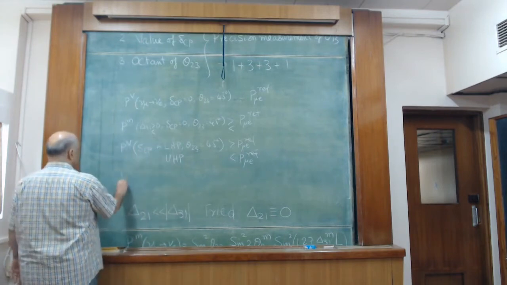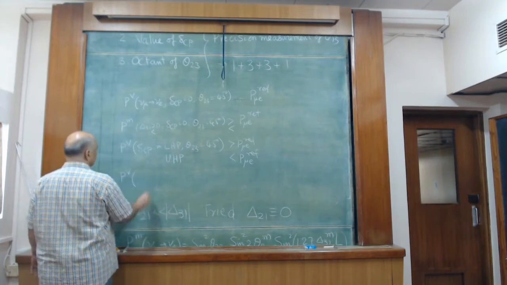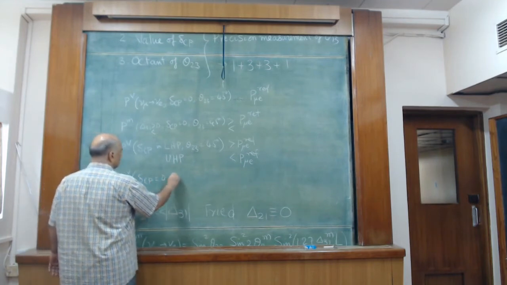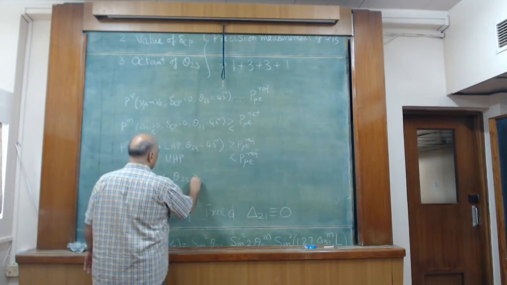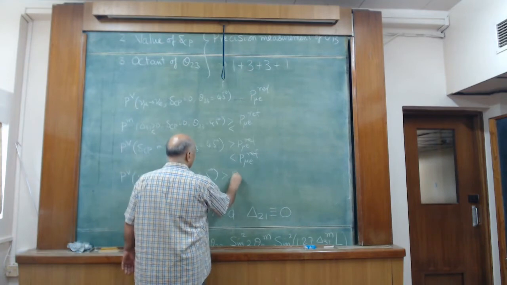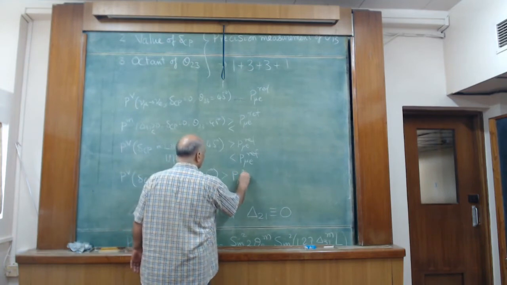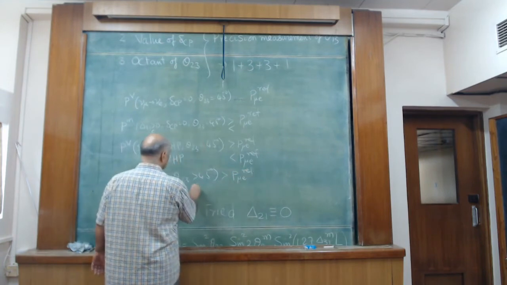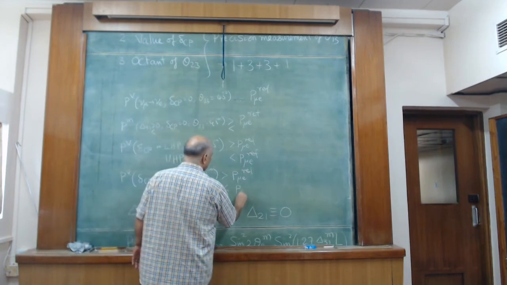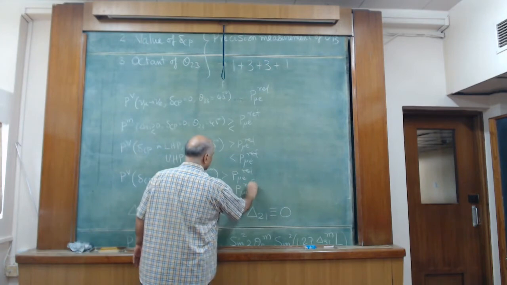And you also see that P vacuum with delta Cp equal to 0, theta 23 greater than 45 degrees is greater than P mu e reference, whereas if this is less than 45 degrees, this is less than P mu e reference.